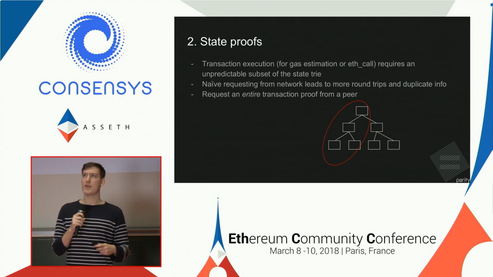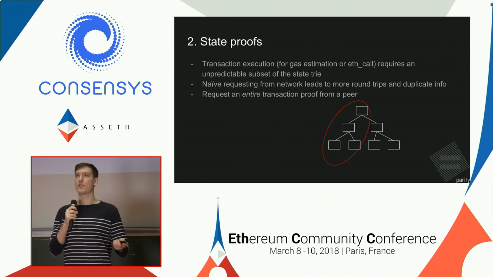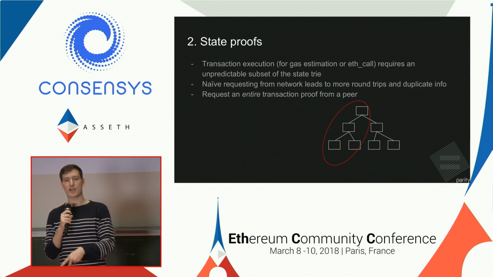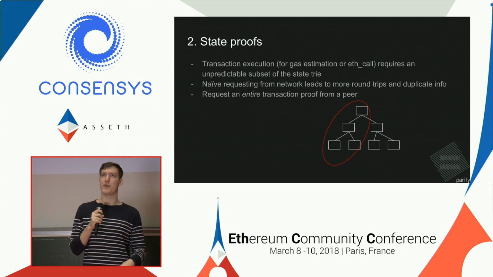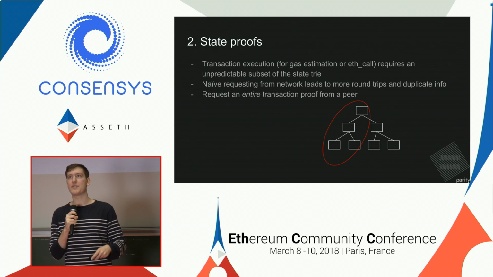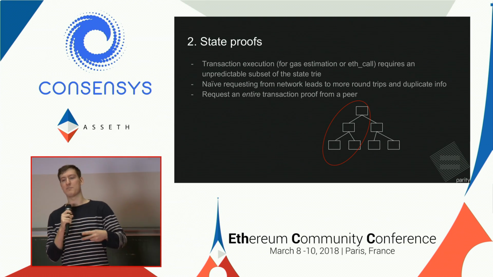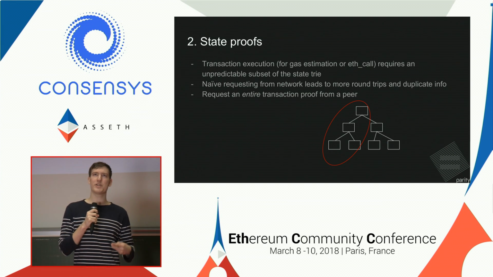So if you are using a light client and you want to, say, do an Ethereum name service lookup, this might require fetching all kinds of different pieces of data from the network. And if you were just executing it locally, and every time you need a piece of data to go to a peer and ask, give me this account, give me this storage, it would actually take a really long time.